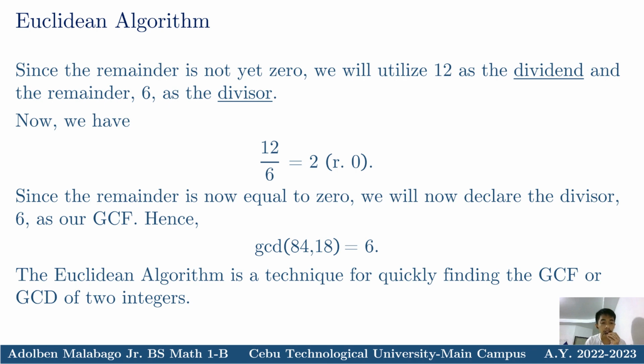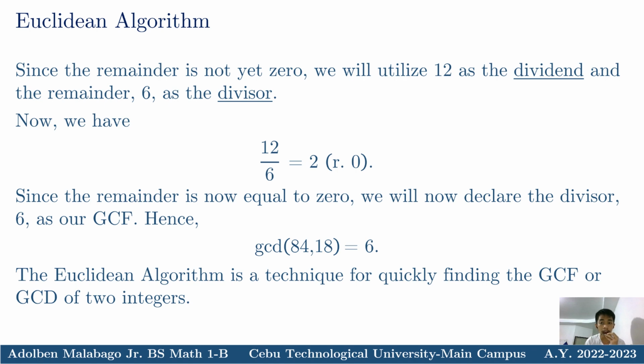So, the Euclidean algorithm is a technique for quickly finding the GCF or GCD of two integers. It involves a set of processes where you repeatedly divide numbers using the resulting divisors and the resulting remainders, depending on the given integers.